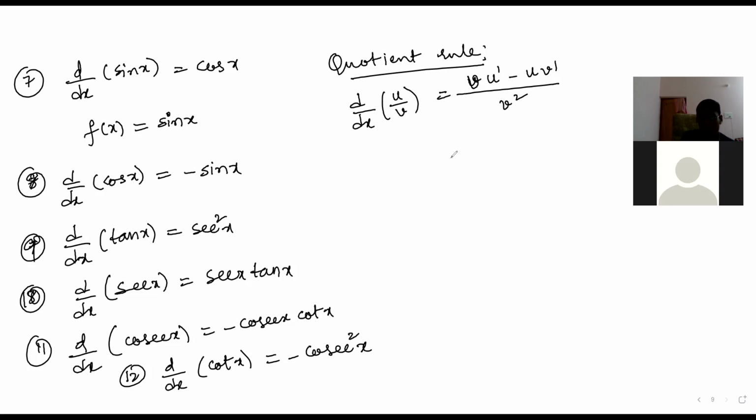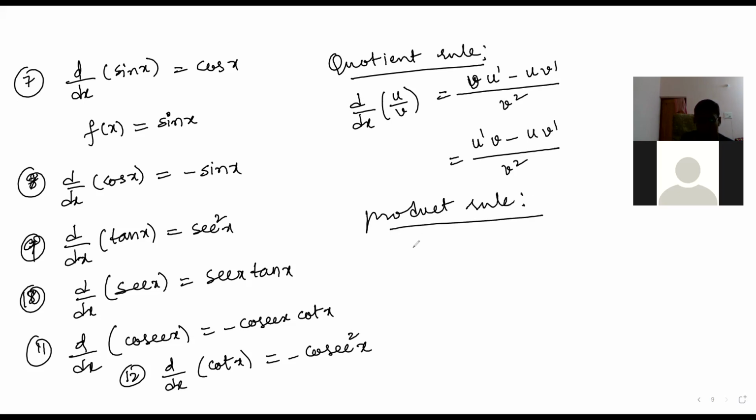Or you can say like this: first you do u dash v minus u v dash by v square. Or what is product rule? Product rule you get plus. What is d by dx of u into v? You start with u dash v plus u v dash. Like this is a product rule.